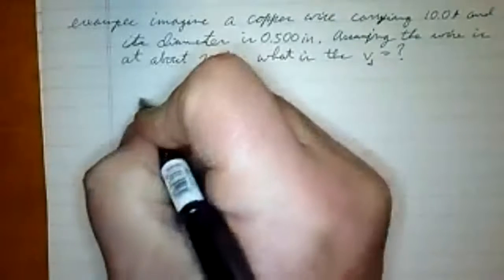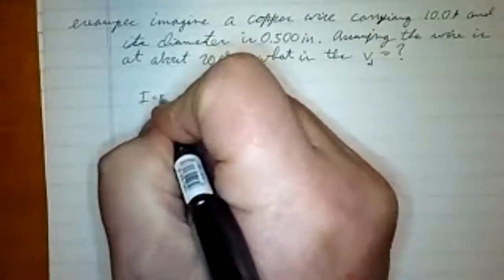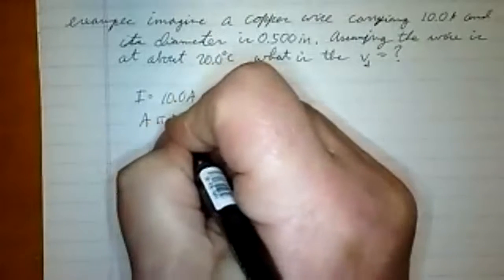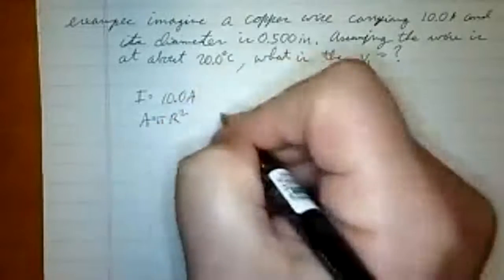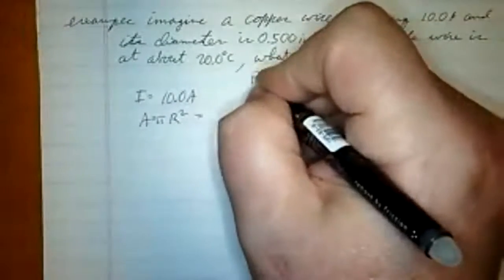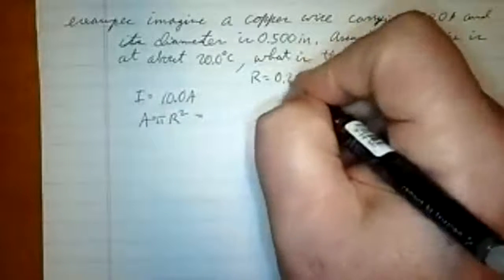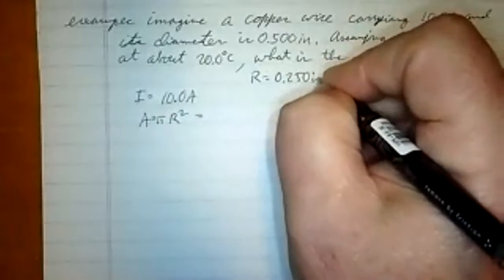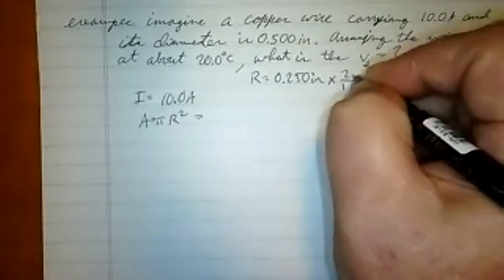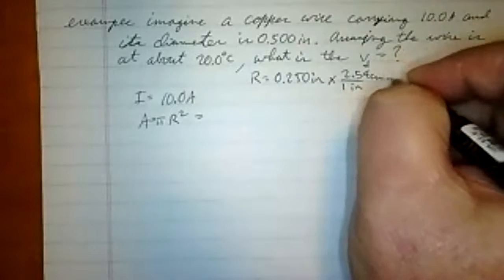So what I know is that I is 10.0 amps. I was mixing it up with my diameter. I know that my area is pi r squared, and r would actually be 0.250 inches, and 1 inch is equal to 2.54 centimeters.